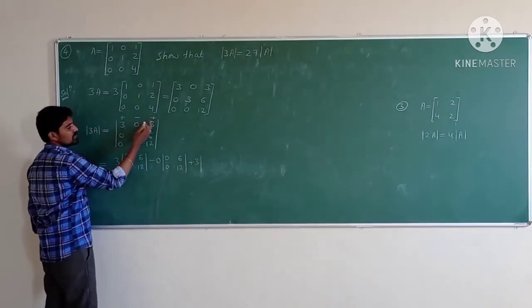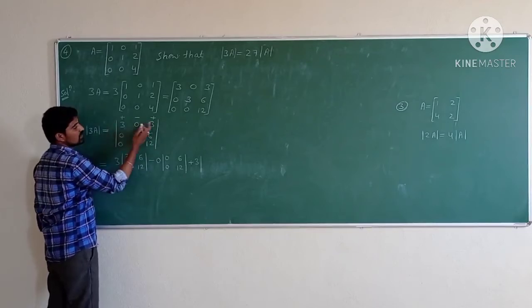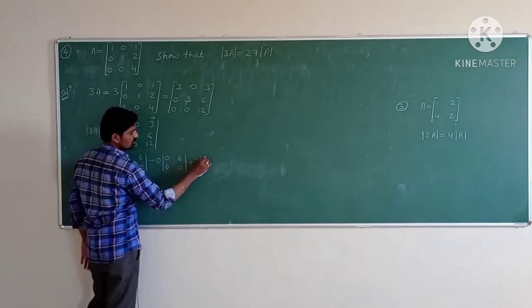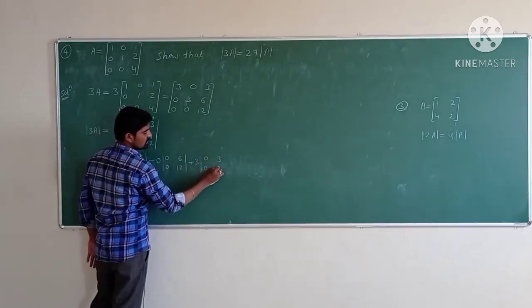So 3 is present in first row, third column. After deleting this first row, third column, the remaining elements are 0 3 0 0 0 3 0 0.